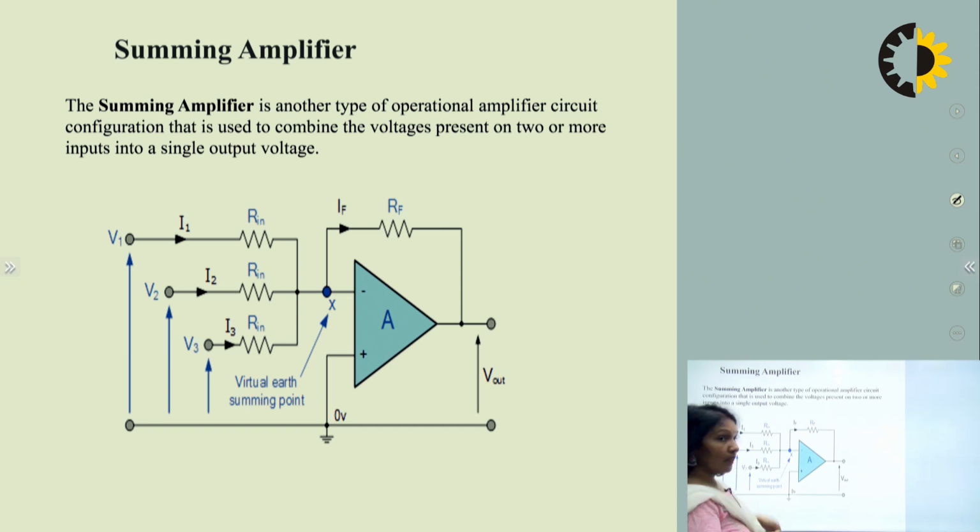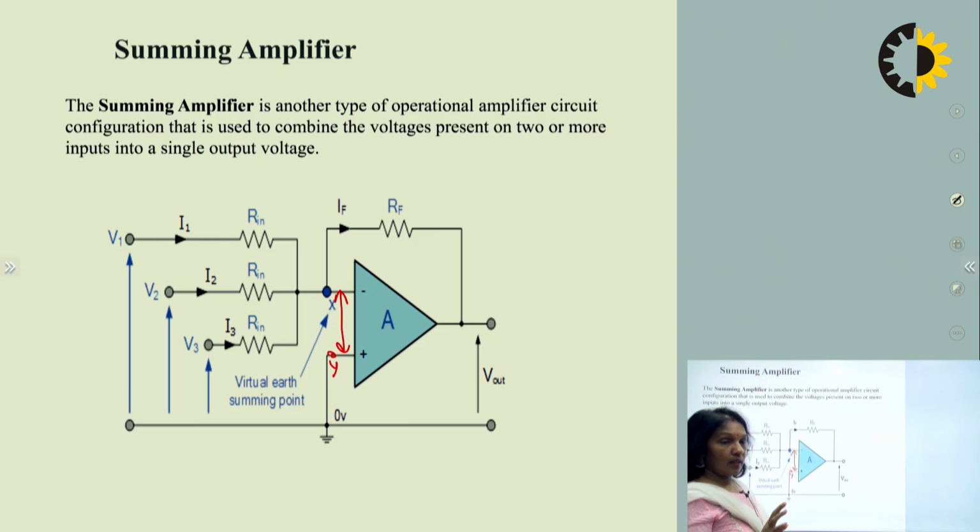Now we will write the nodal analysis. Let's say this is your point X and this is your point Y. There has to be a virtual short or virtual ground, because of the high input impedance of the operational amplifier.